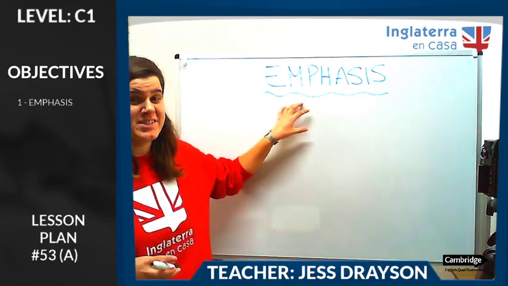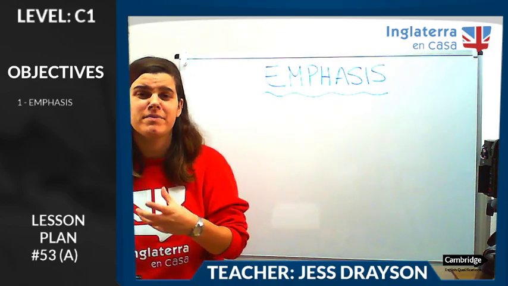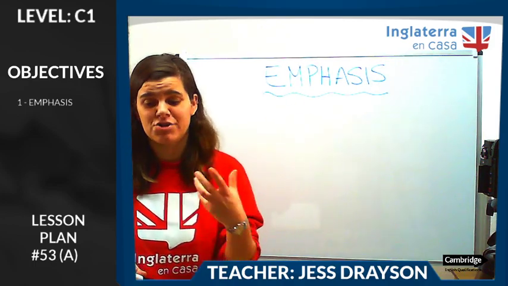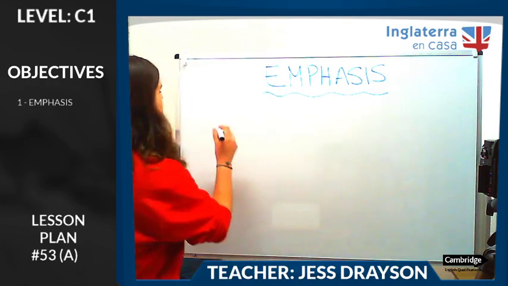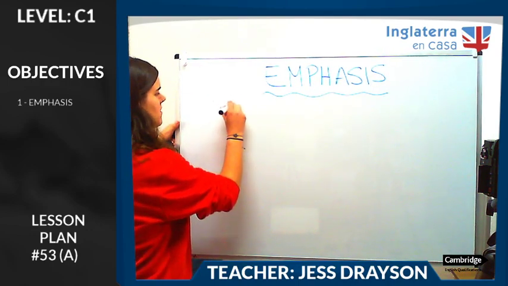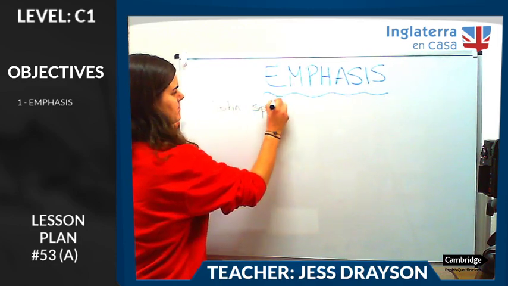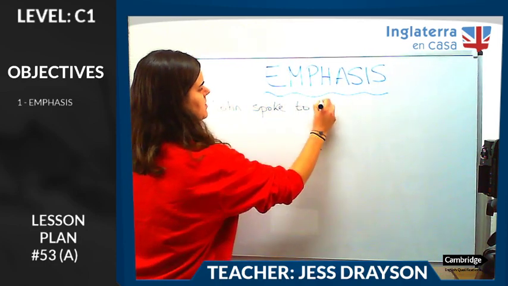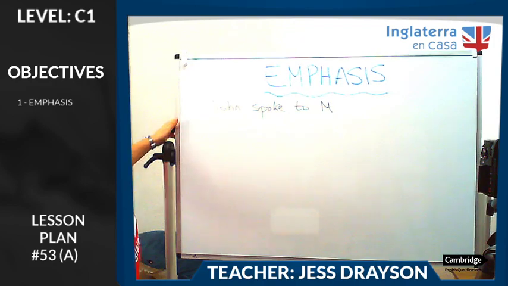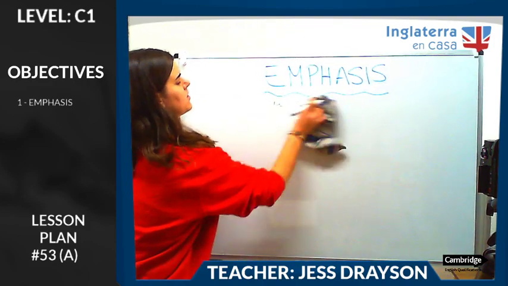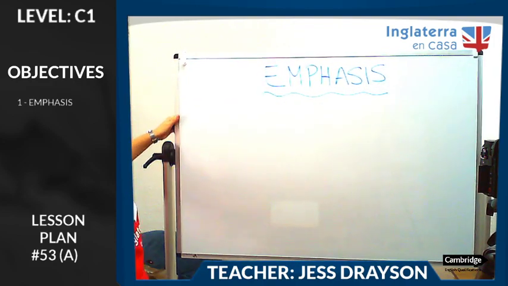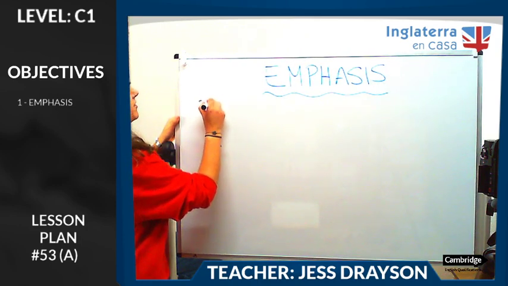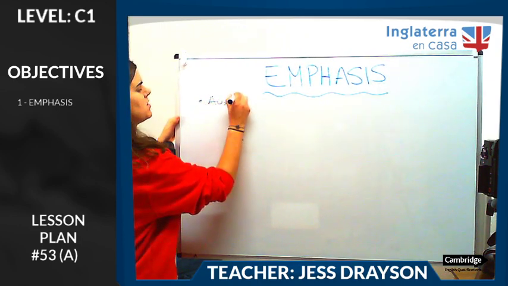But for emphasis, that auxiliary verb in the positive form does actually exist. So for example, you could say, John did speak to Mary. Oh, I didn't write what the name of this is. Whoops. This is auxiliary do.